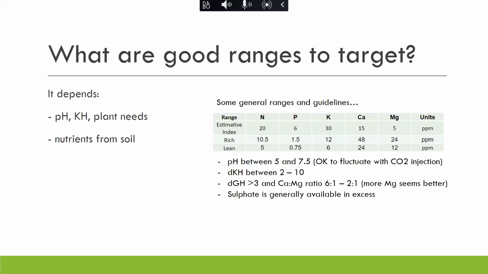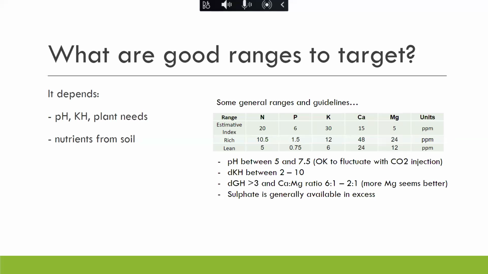Estimative Index is a fertilization methodology that some of you may have heard of. I'm not going to go into the details on it, but that is one where you are essentially giving all of the nutrients that the plants might need in excess. The idea is that the plants will uptake what they need to uptake, and you do really big water changes to make sure that things don't build up too much in your tank.